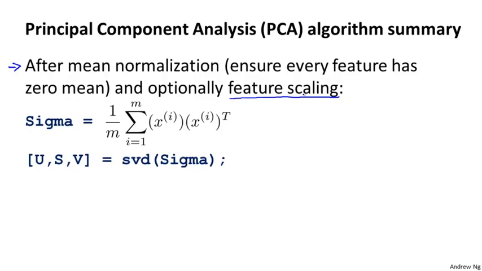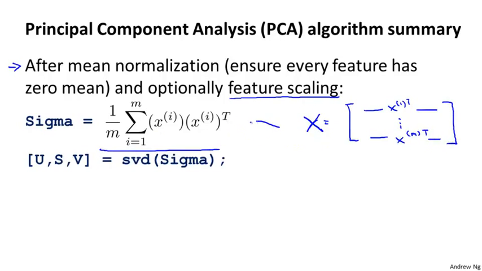And by the way, if your data is given in rows like this, if you have a matrix capital X, which is your entire training set written in rows, x1 transpose down to xm transpose, this covariance matrix sigma actually has a nice vectorized implementation, so that you can implement in Octave.